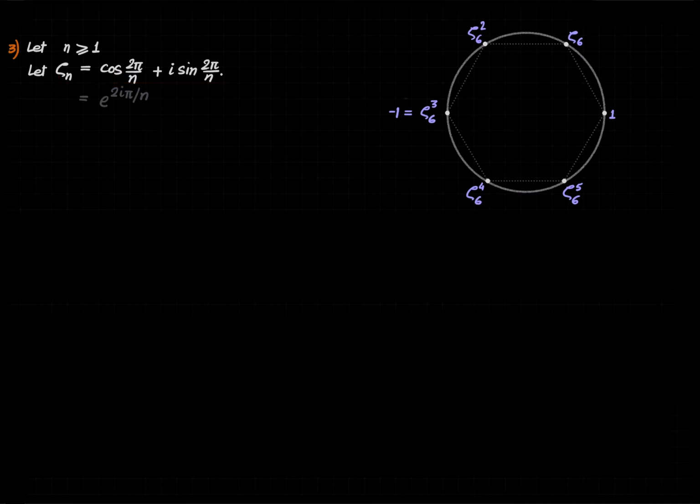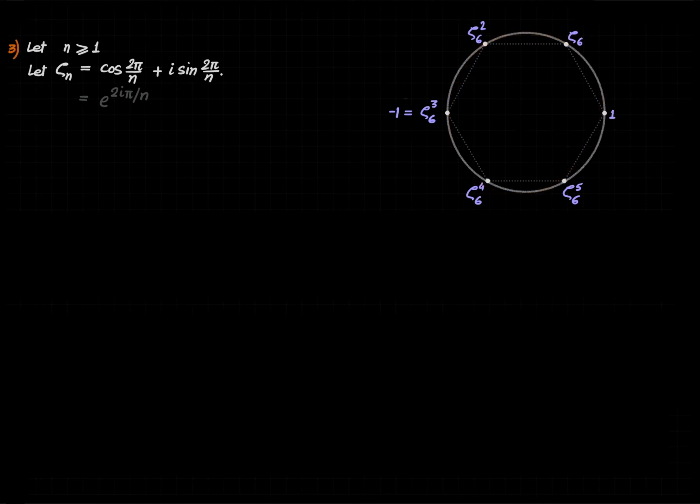So if n were equal to 6, what is zeta 6? It is the complex number on the unit circle because this has unit magnitude. So which complex number on the unit circle is it? It is the one that makes an angle of 60 degrees from the positive direction of the x-axis. And as you exponentiate it, meaning take square, cube, power 4 and power 5 of this particular guy, you will cycle around.